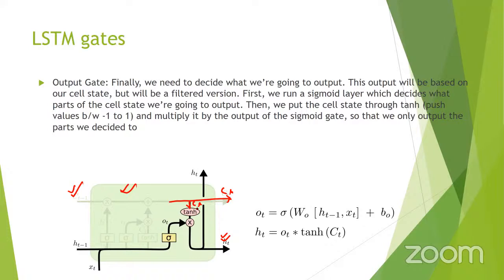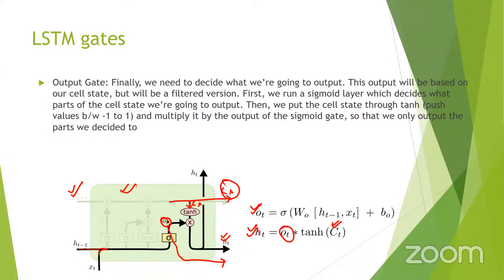Now the cell state will be passed through this particular tanh, and the hidden state from the previous layer and Xt will be taken, and the output from that particular sigmoid will be this Ot. This Ot will decide how much of your current cell state you want to take inside your Ht, the current hidden state, right? So this Ot is again considering how much to remember and how much to forget.